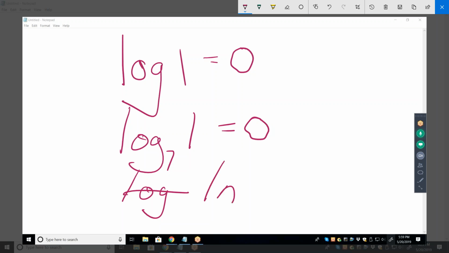You got it. What's the natural log of 1? That also 0? All logs of 1 are 0. So if you take the log of 1, it does not matter what the base is. Any number to the 0 power is equal to 1, and that's why this is true.